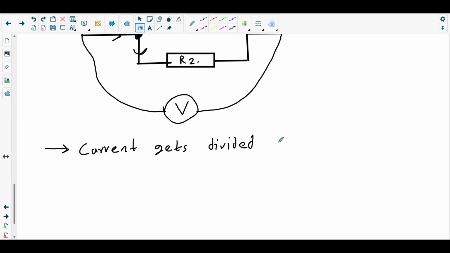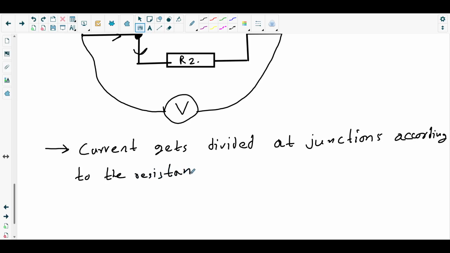Currents get divided at junctions according to the resistance of the loops.